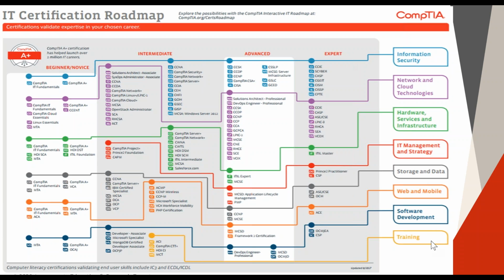But then this is your horizontal stack because it goes across different areas. This is technically a hybrid or mixed stack model, because you have these horizontals and then these verticals in terms of performance levels. If you wanted to do one or the other, you can have a CCNA and you can have a CWNA, which are in two different areas, hardware and information security, essentially. So this is one way to graphically portray it, and we're going to get through more examples, but this is a quick early example to help you with the definitions I went through.